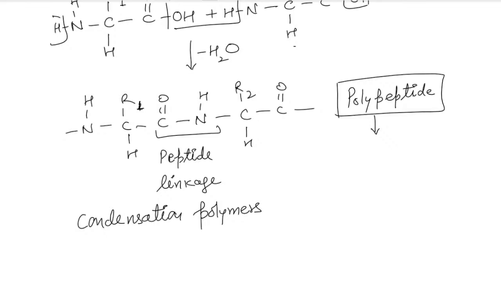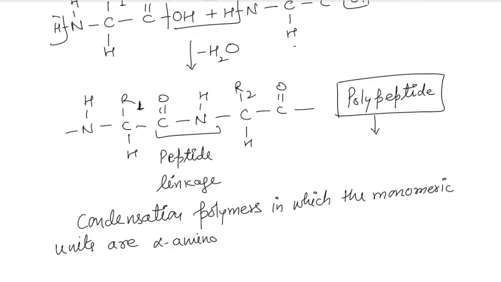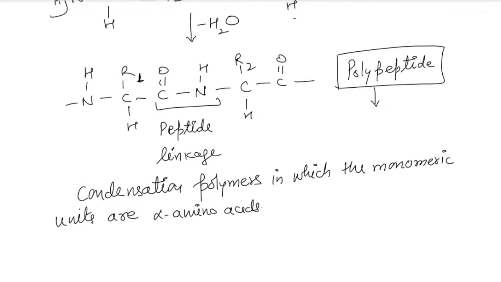See, because when two alpha amino acids are joined, a small molecule is removed, so such a compound is called condensation polymers. These are condensation polymers in which the monomeric units are alpha amino acids. Okay, so actually proteins are the condensation polymers of alpha amino acids, right?